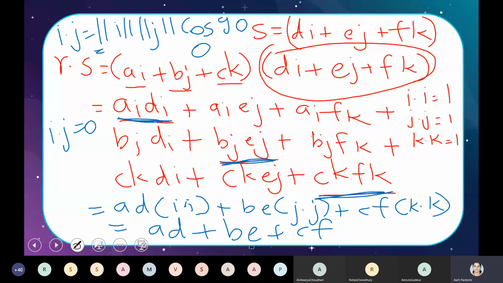What is the magnitude of I? Unit vector I is 1. Magnitude of J is 1. So it is 1 into 1 into 0, nothing but 0. So whenever you find IJ or JK or KJ, what are you going to get? 0, 0, 0.